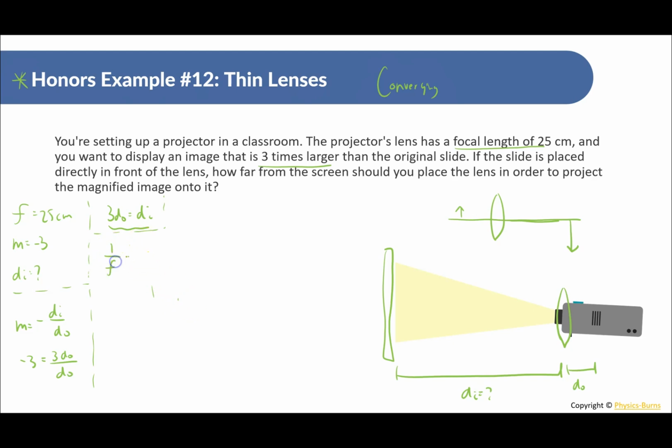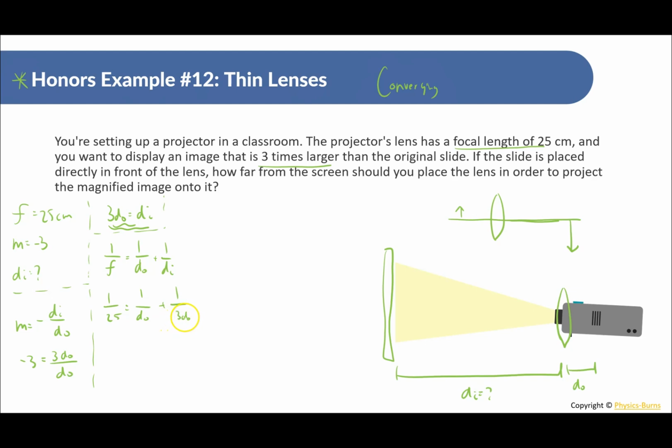1 over the focal length is equal to 1 divided by distance of object plus 1 over distance of image. So we have 1 over 25 is equal to 1 over distance of object, and we're just going to put 3 distance of object for the distance of image. Great.